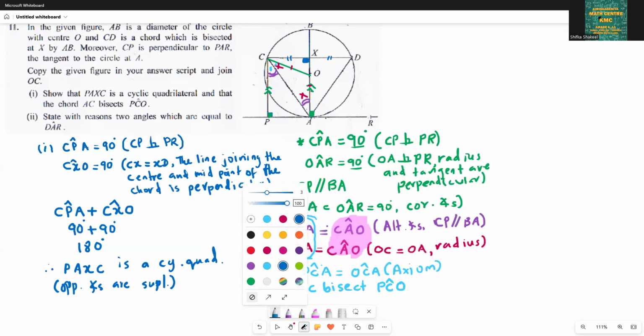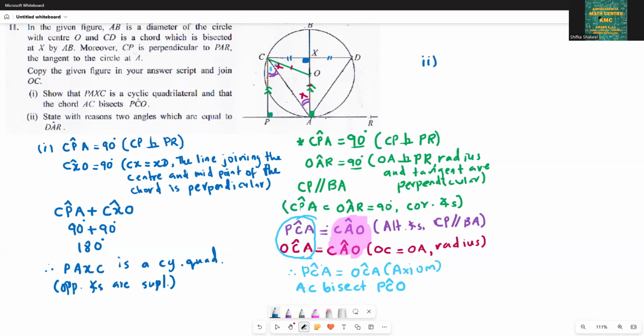Okay, children, we will move to the second part. State with reason two angles which are equal to DAR. In the second part, you have to show the angles equal to DAR. Two angles we have to name.